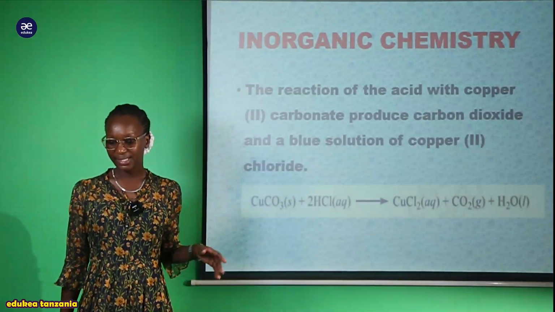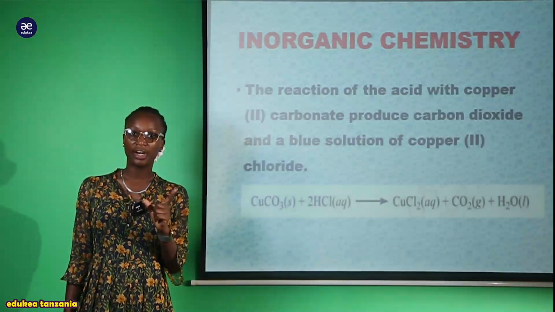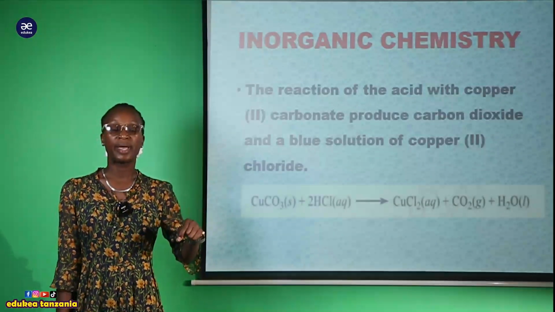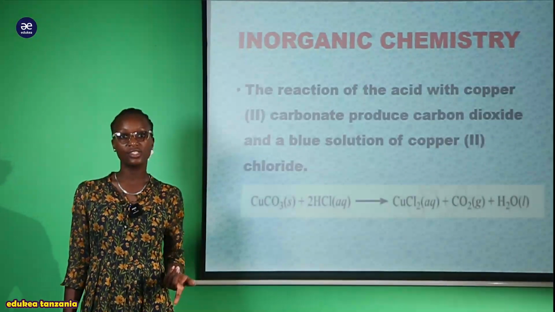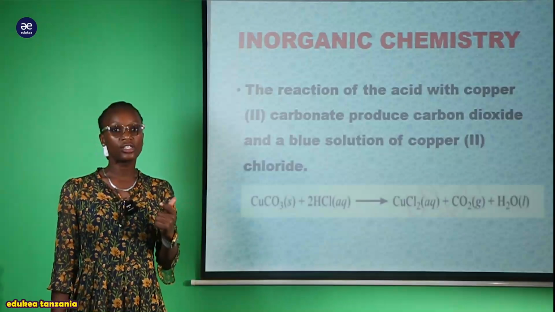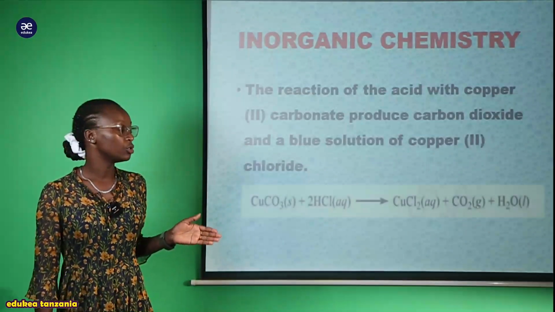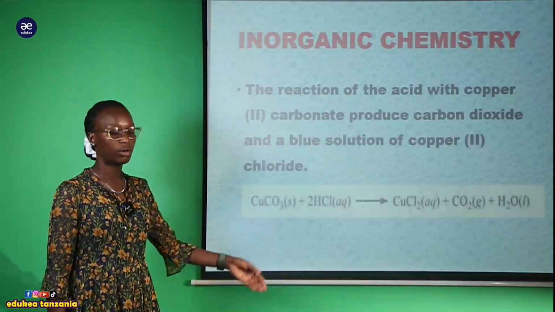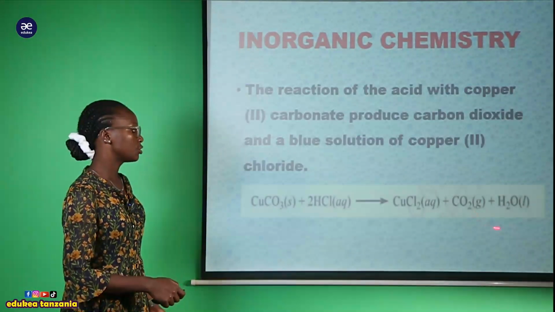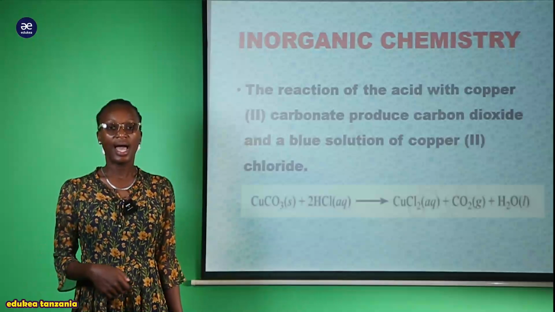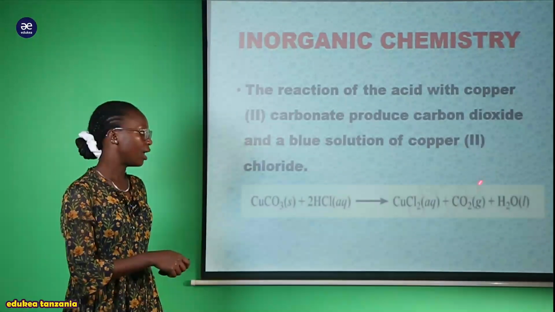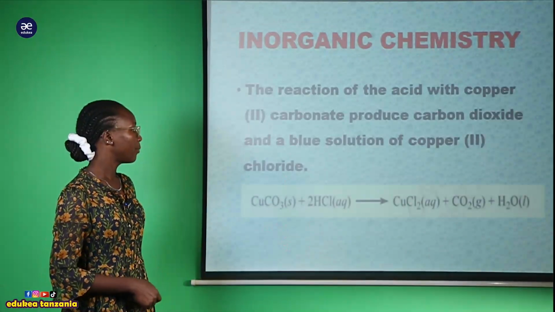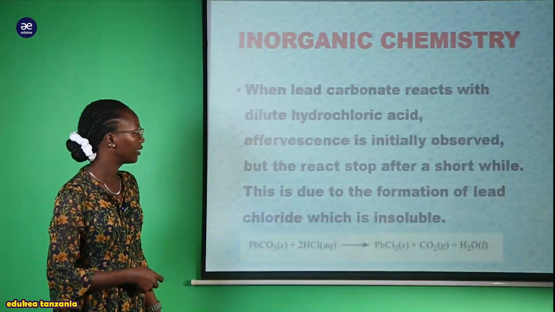So once we take this dilute mineral acid ambayo ni HCl, obviously at the end we expect to form the chloride solution. Sasa hiyo chloride solution itadepend ni chloride solution ya metal gani. For instance, tuliona chloride solution ya sodium chloride, zinc chloride, but here we have the copper chloride. But also, as usual, we have the carbon dioxide gas, and finally we produce the water molecule. So this is the reaction between the copper 2 carbonate with the dilute hydrochloric acid.